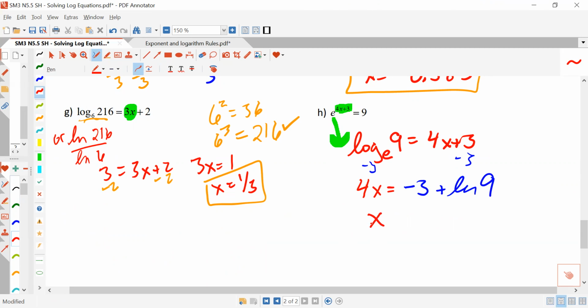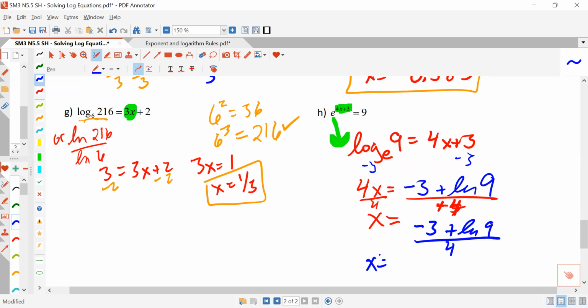Be careful on your division because you're dividing the entire set, dividing everything by 4, okay? Generally you want to write it as negative 3 plus ln of 9, all over 4, and then you can just evaluate that on your calculator.